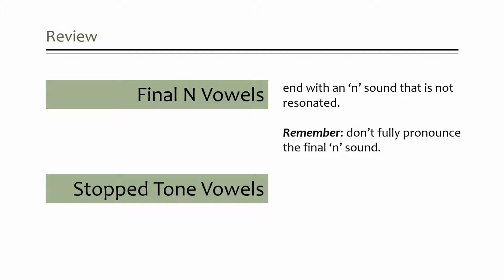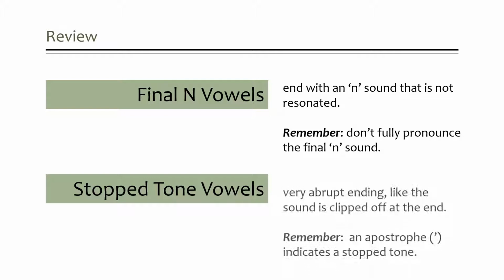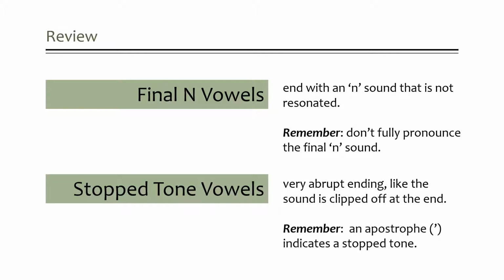The other thing that we covered was stop tone vowels. Remember, a stop tone vowel is pronounced with a short, abrupt ending. And in this course, I'm going to use an apostrophe to indicate a stop tone. Remember, it's never used as an accent mark, just to indicate a stop tone. And that completes this lesson on vowels.